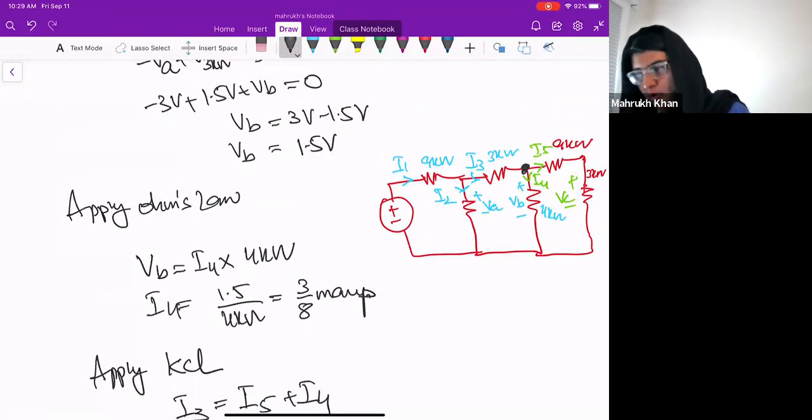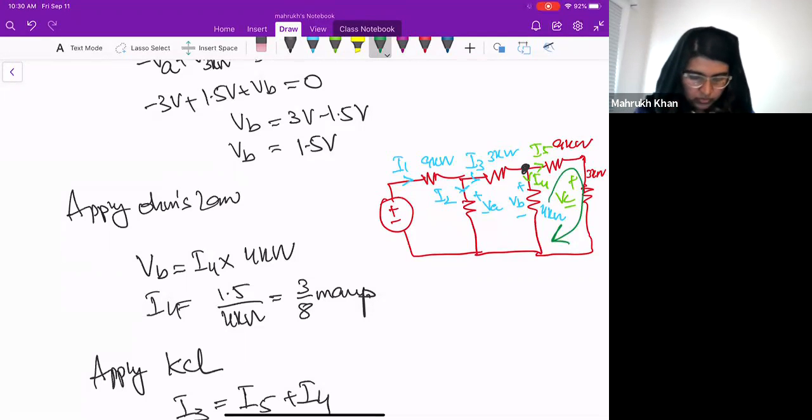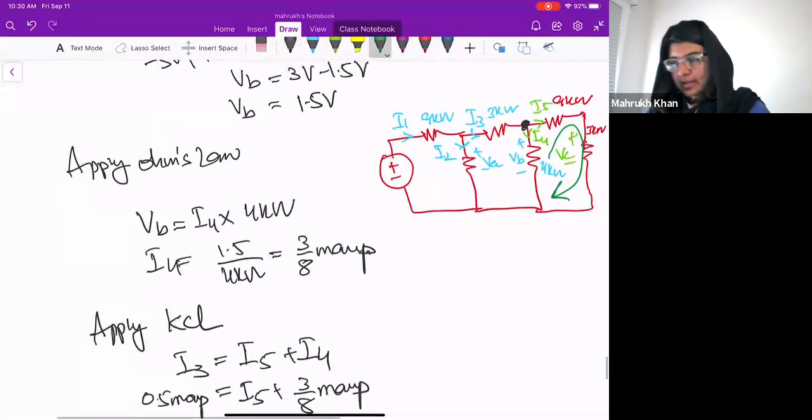We found I4, I5. The only thing that we need to find now is VC. So there are two ways to find VC. Either we can apply the voltage divider rule to find VC, or we can just multiply our current with 3 kilo ohms, because this is the same current that's flowing here, right? So I5 is 1 by 8 milliamps.